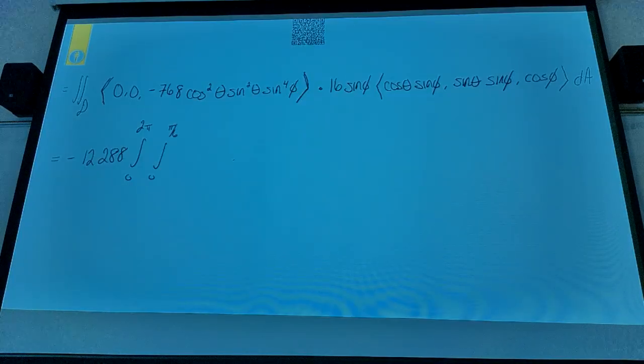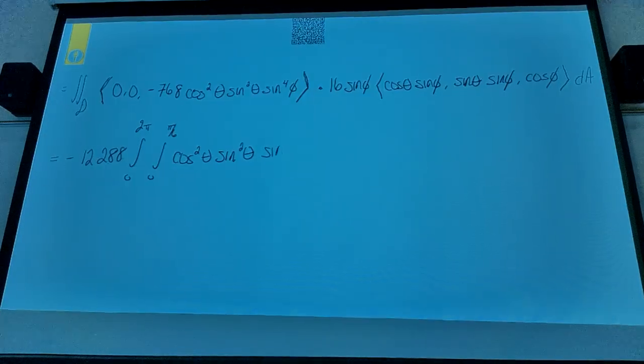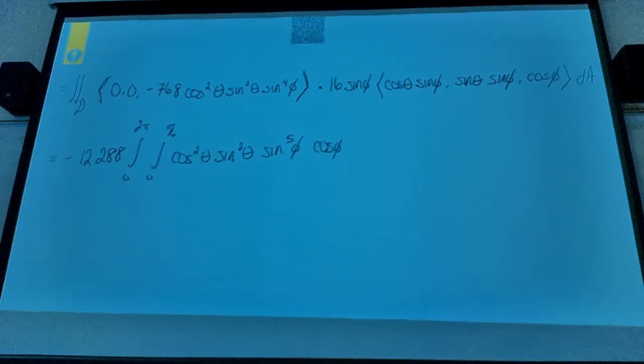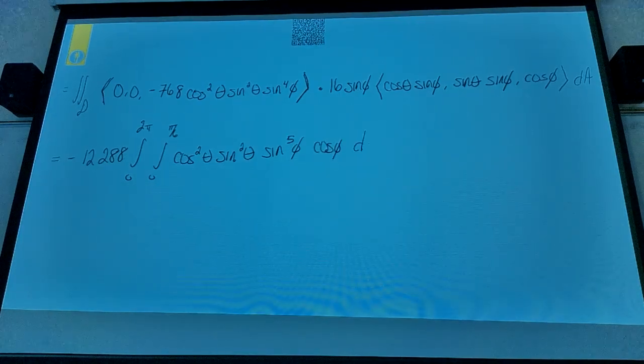Integrate 0 to 2 pi, integrate 0 to pi over 6, cosine squared, sine squared, sine to the 5th, cosine phi, d phi, d theta.